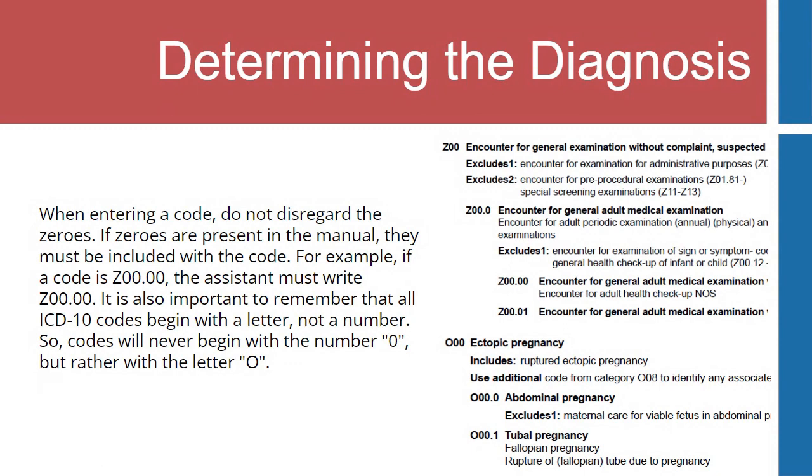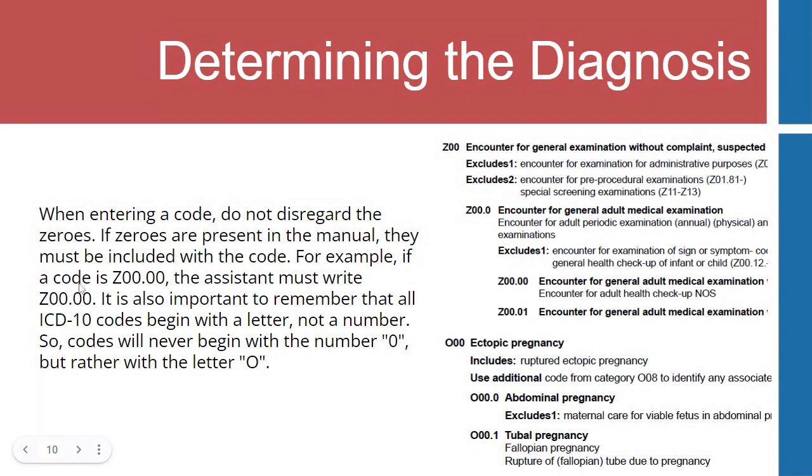For an example, I worked at a lab, at LabCorp, and patients would come in with handwritten orders, and the diagnosis code would be handwritten, and the zero could look like an O or vice versa. We already know that codes will never begin with a zero. So if you happen to get a handwritten order and it looks like a zero at the beginning, then just know that it's an O.